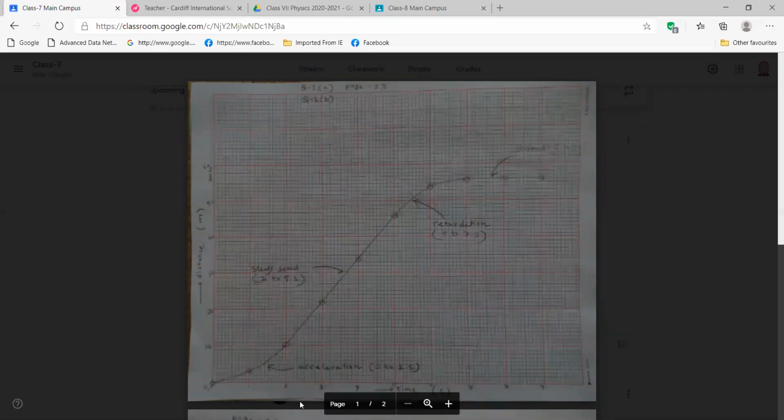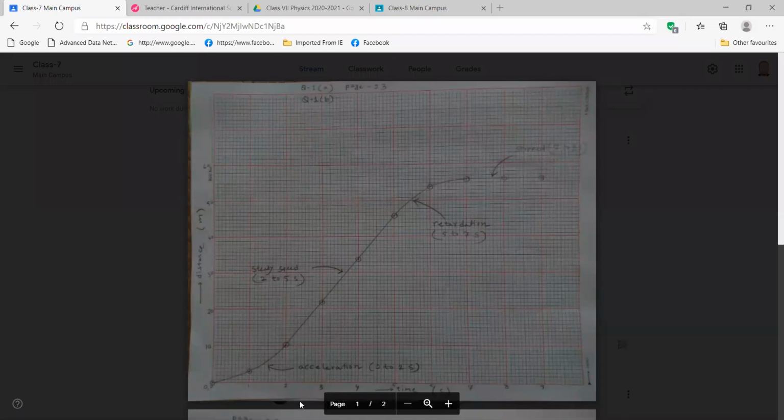I can see you did not give the whole graph, you gave part of the graph. I did the graph and then erased it again because I was confused. You gave half of the graph, I can't see the whole graph here.